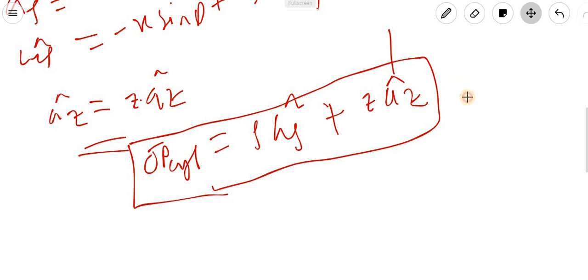This is the presentation. In case of Cartesian we already got 3 components, but here only 2 components are there.